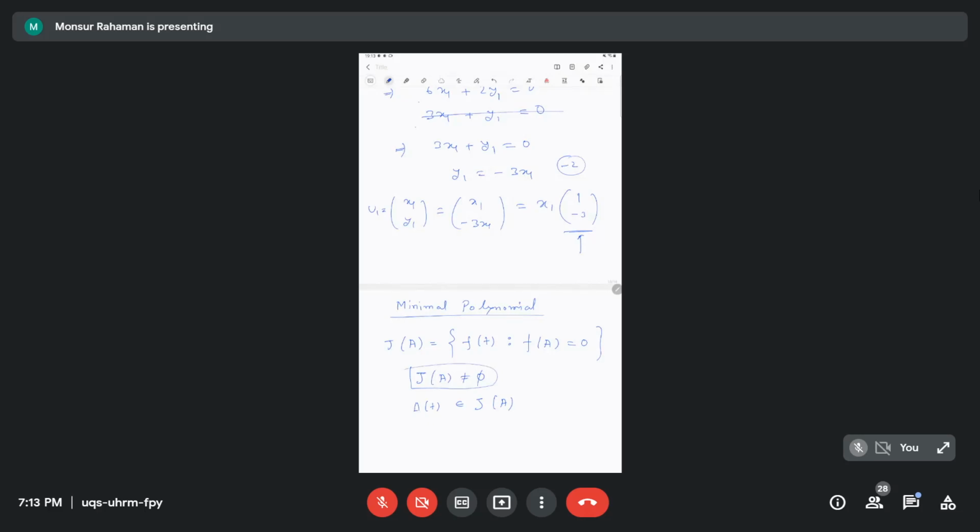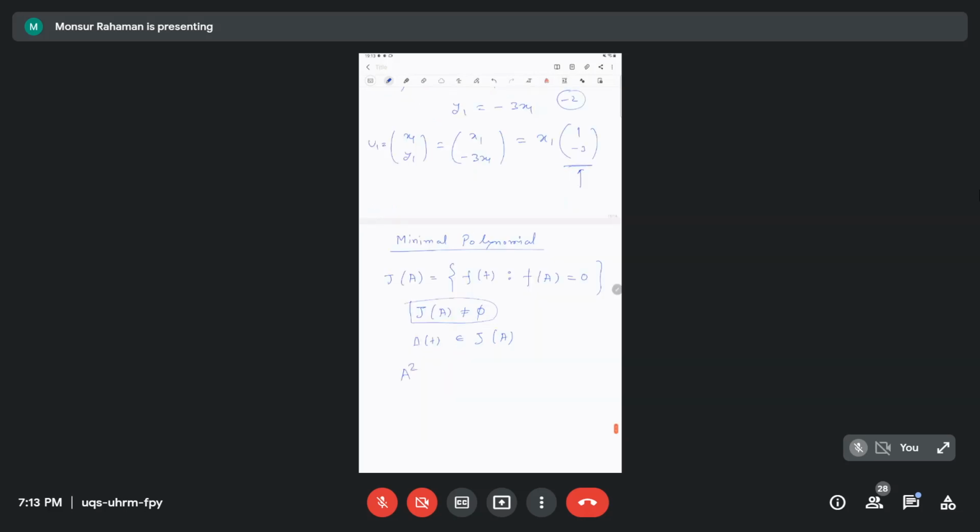Obviously any multiple is also in J, because if a polynomial is there, you can multiply it by another polynomial in A, and this is also in J.